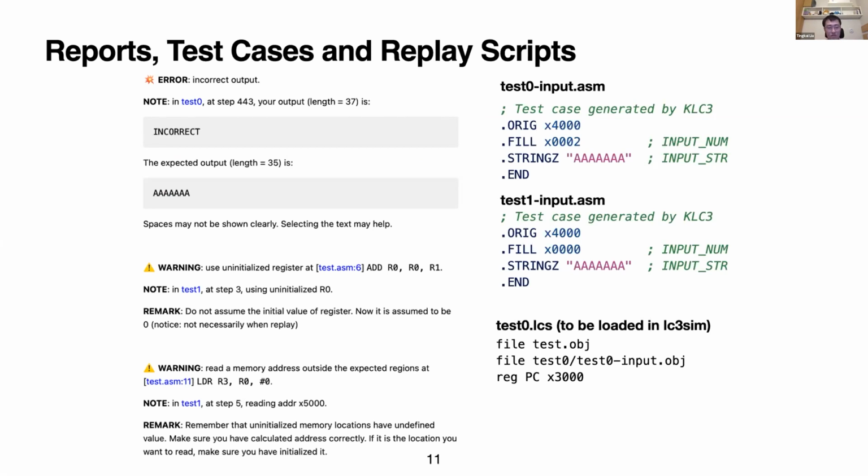The bottom left shows several execution issues of the student code, including using uninitialized registers and accessing unspecified memory. We also give students the specific test cases that can be used to recreate the issues, such as the one shown on the right. The bottom right is an LC3 simulator script that students can use to load the test cases with the code.